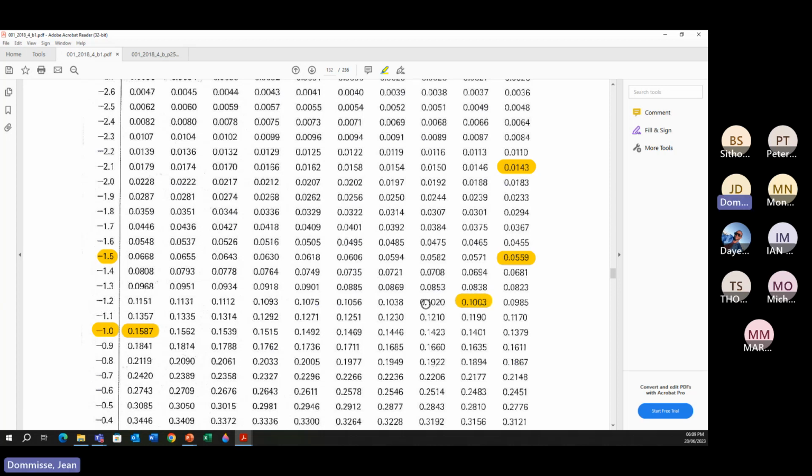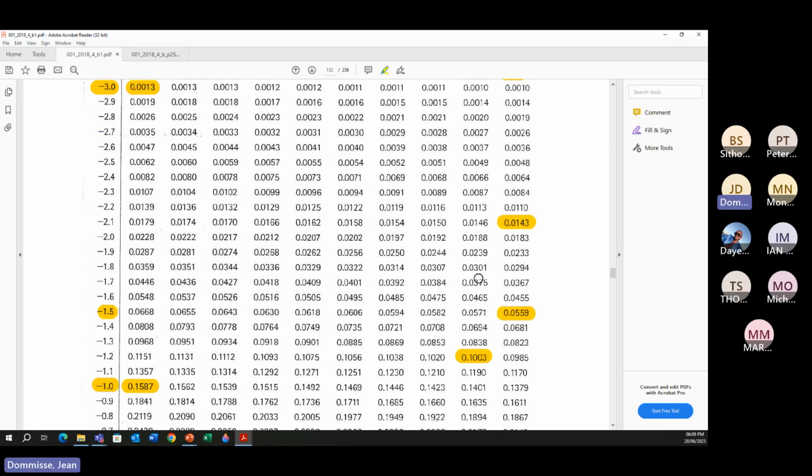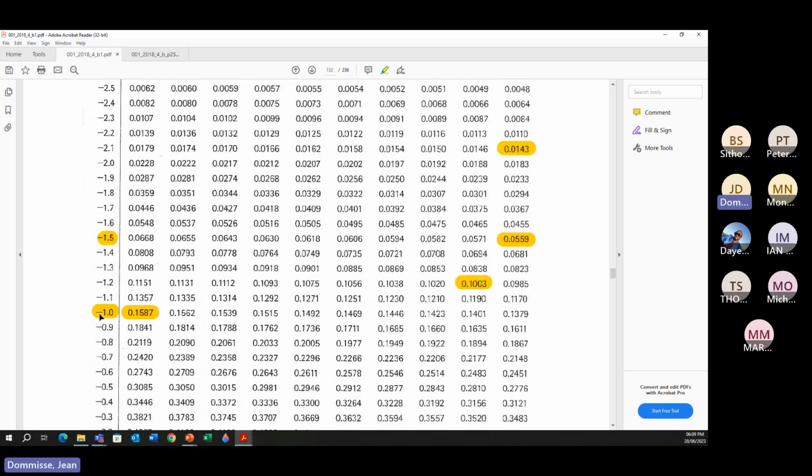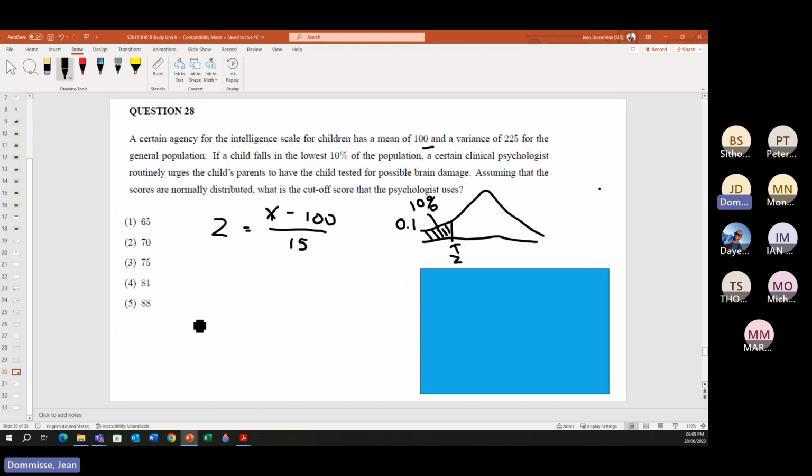So 1.28. So Z is equal to minus 1.28. Okay, so we've got that Z is equal to minus 1.28. We will need to work out the X. So (X minus 100) divided by 15.